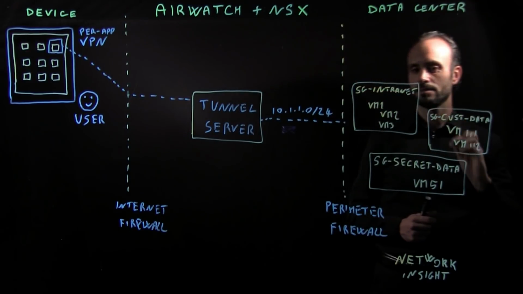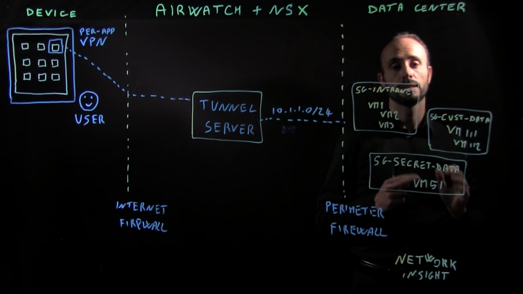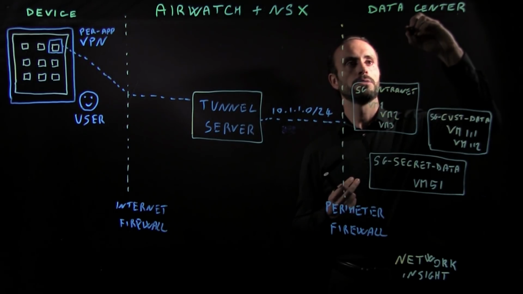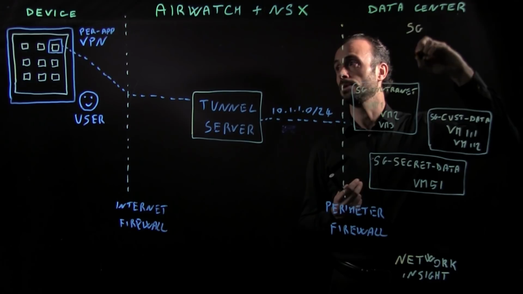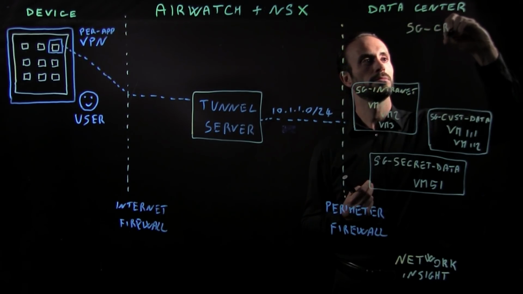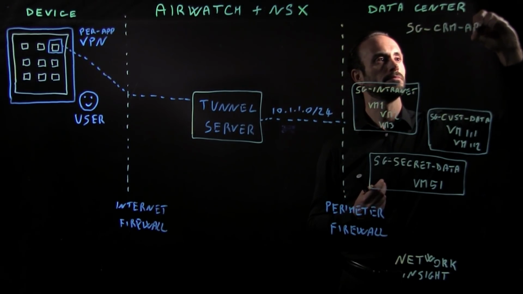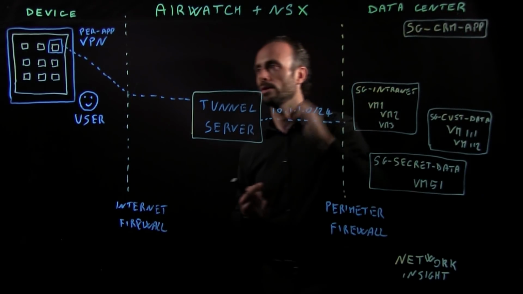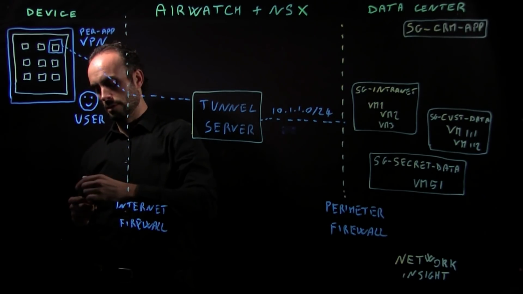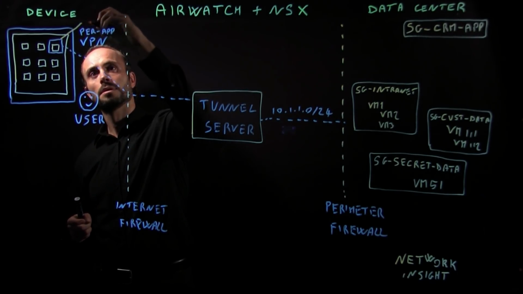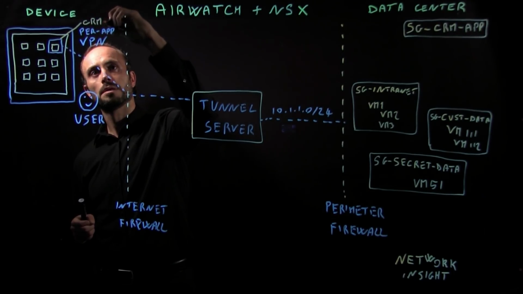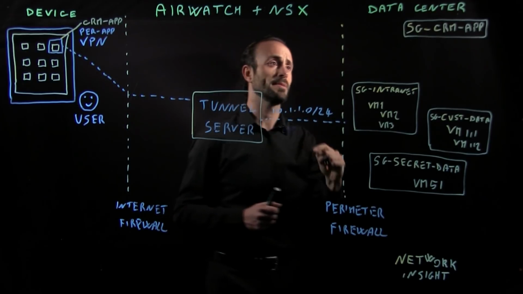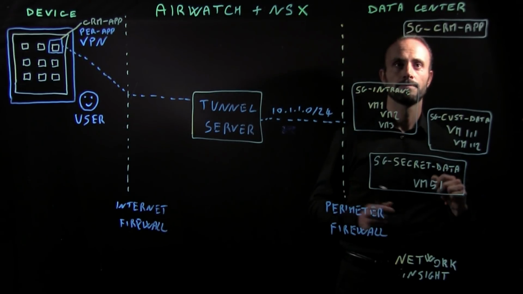Now, at the same time, we have to define the security group to which our application belongs. We're going to call it security group CRM. You're going to see how we can associate this group to a specific application on the device.